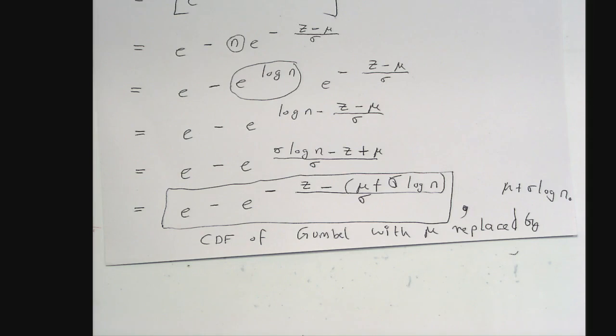Yeah, that's what I'm saying. In place of lambda you have n squared lambda, and in place of mu you have n mu. So the distribution of Y is inverse Gaussian with the parameter lambda replaced by n squared lambda and mu replaced by n mu. You follow what I'm saying? We have to match this with this one. That's why it's important to write this step.